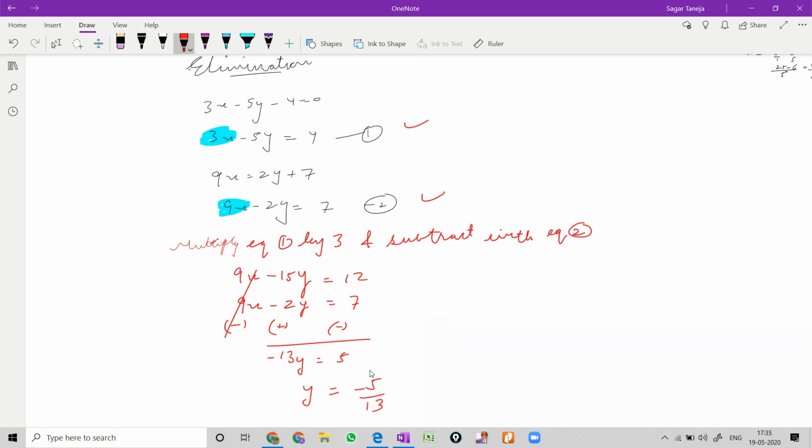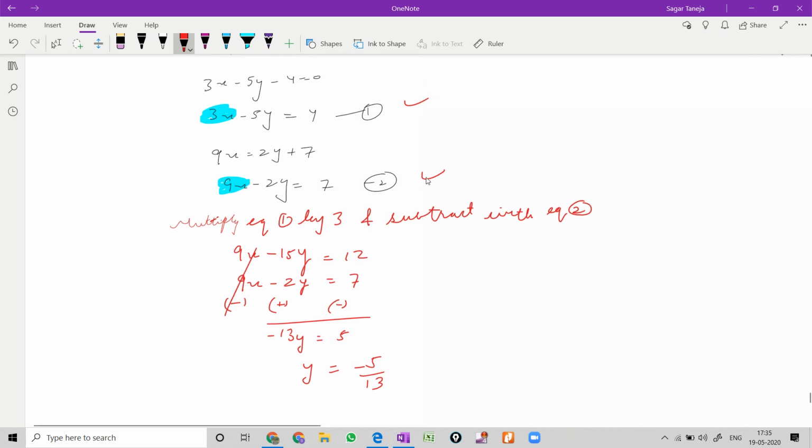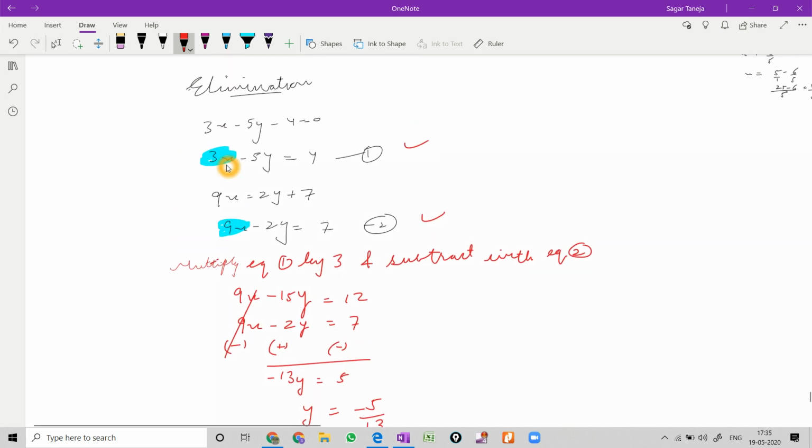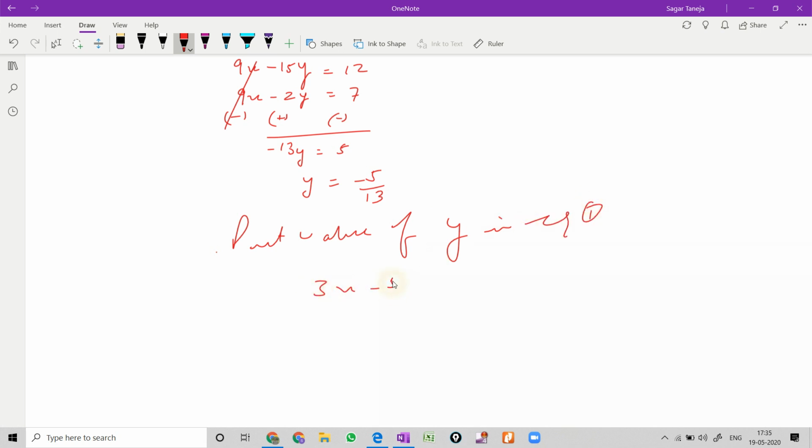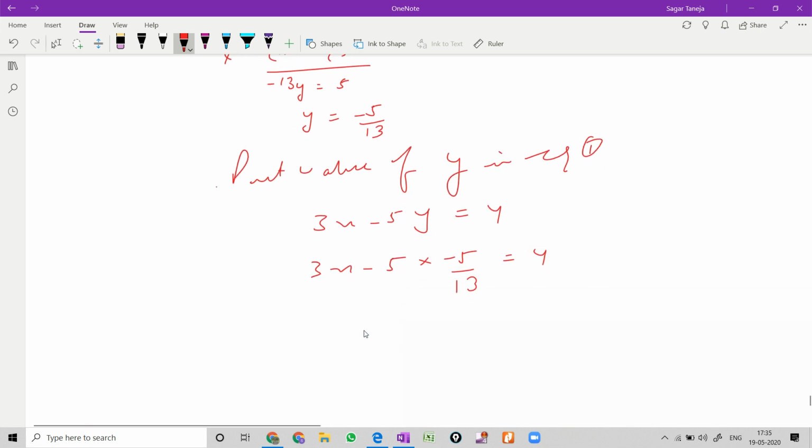So after taking out the value of y, put this value of y in any of the equation. So equation number 1, 3x minus 5y is equal to 4. Just put the value of y. So this will lead into plus 25 by 13 is equal to 4.